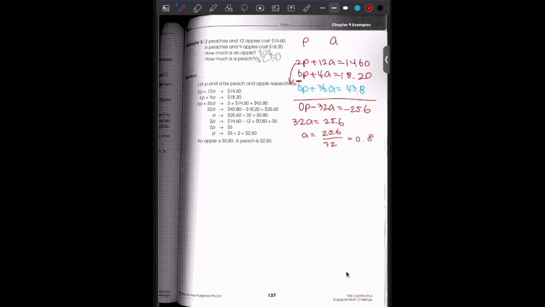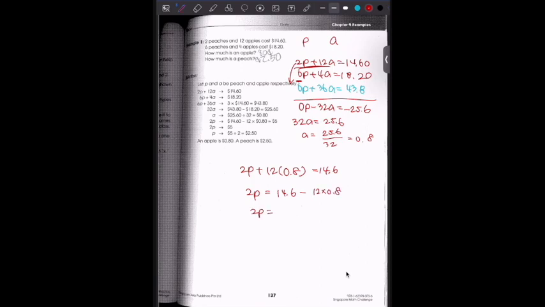And since we know that a is 0.8, we can now plug it into any equation. I'm going to plug it into the first one. So 2p plus 12 times 0.8 equals 14.6. And so 2p is going to equal 14.6 minus 12 times 0.8.